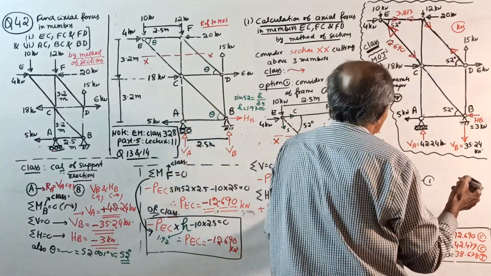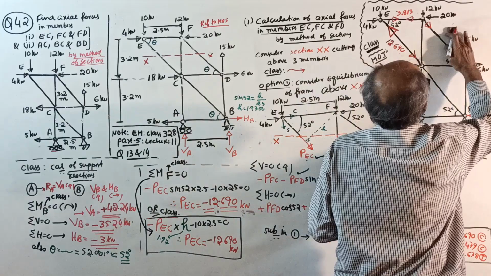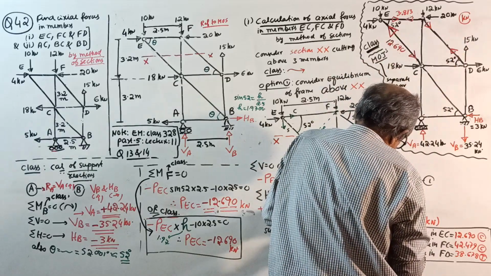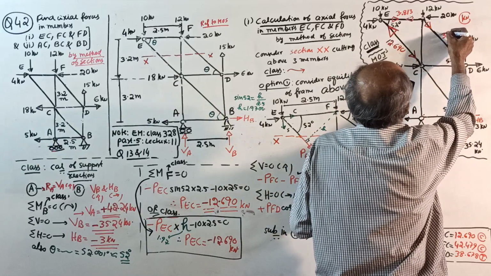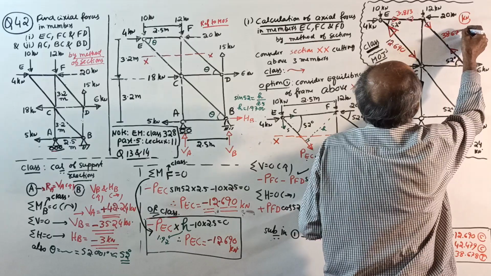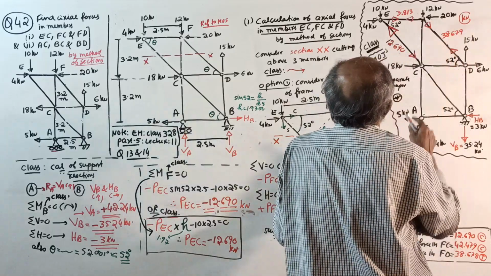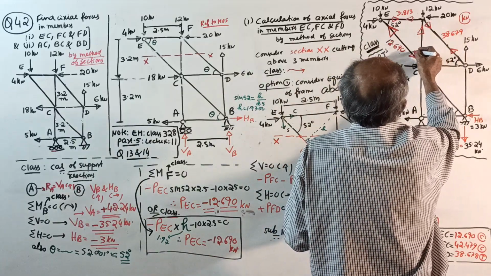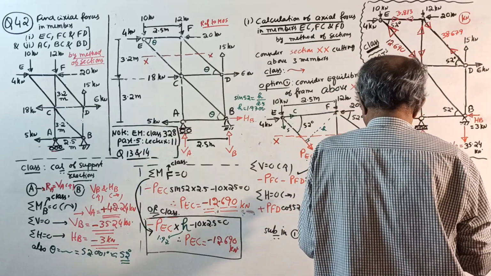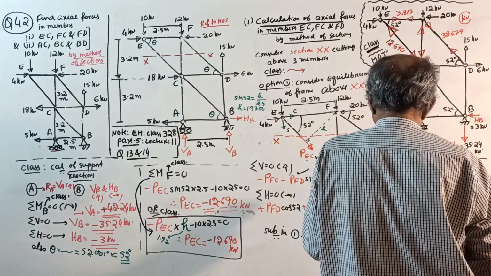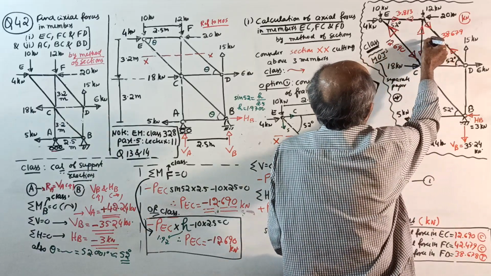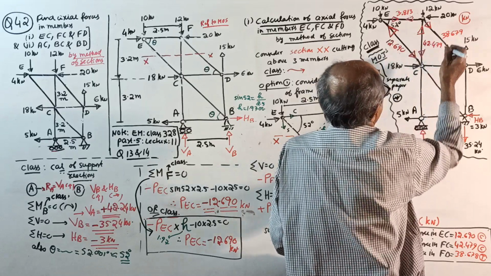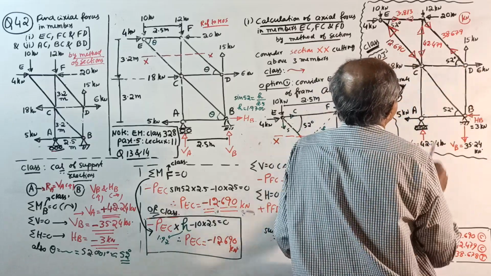Where to write now? Okay, kilonewton. Please go that side. How much? 38.679. And this force .479. Then this joint.